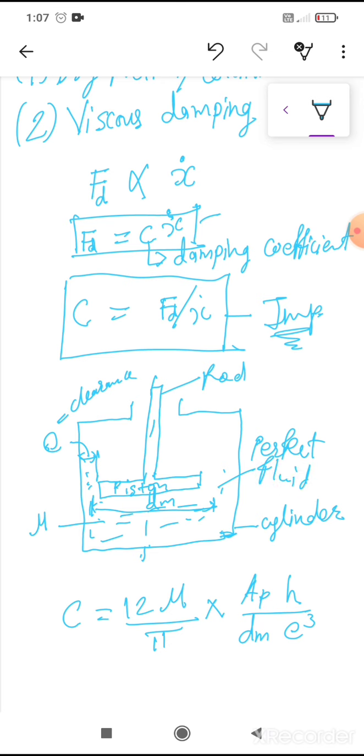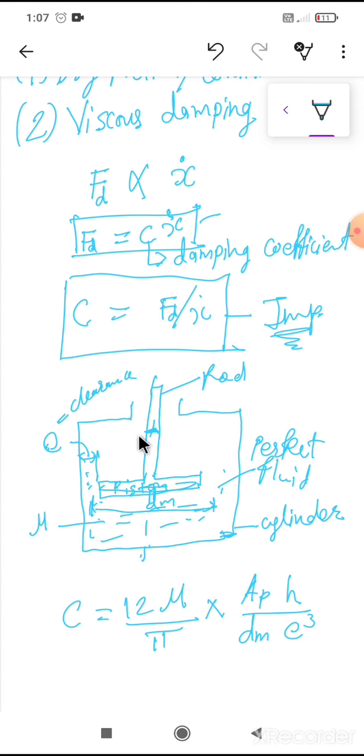It is called a perfect fluid. And the piston rod diameter is small compared to the piston diameter, meaning this diameter is small compared to this diameter.